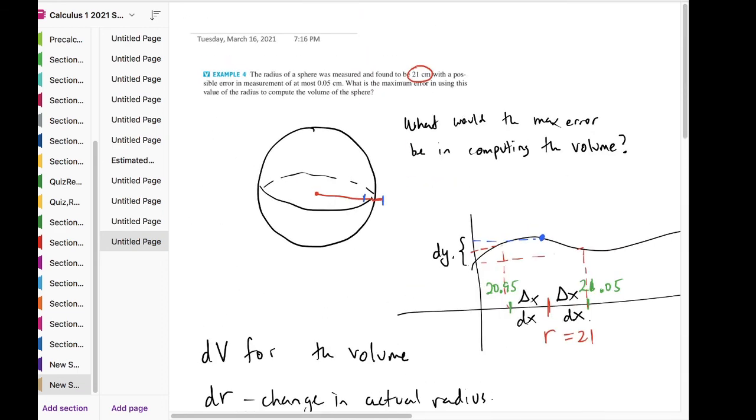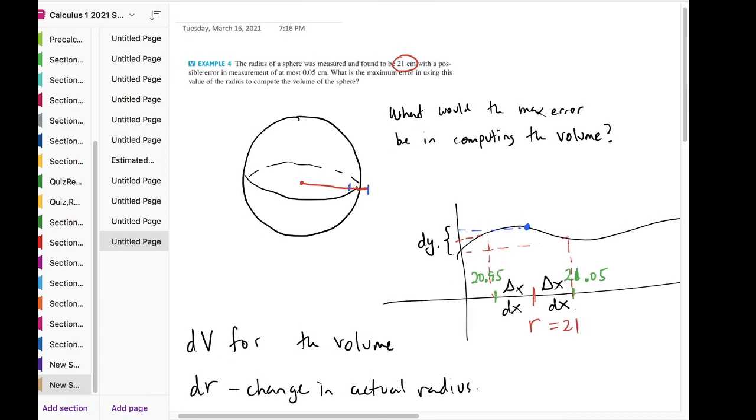If you measured r equals 21.05, or 20.95, at most you'll get an error of 277 centimeters cubed in calculating volume.